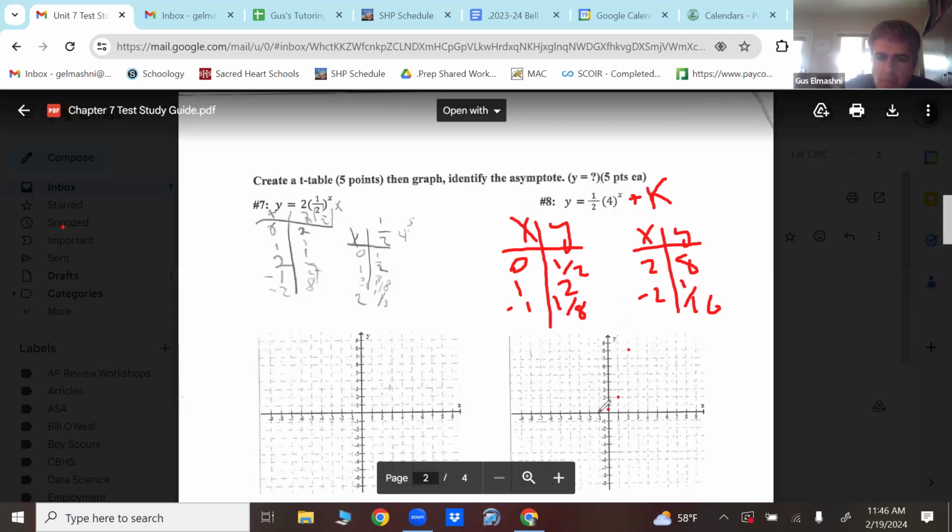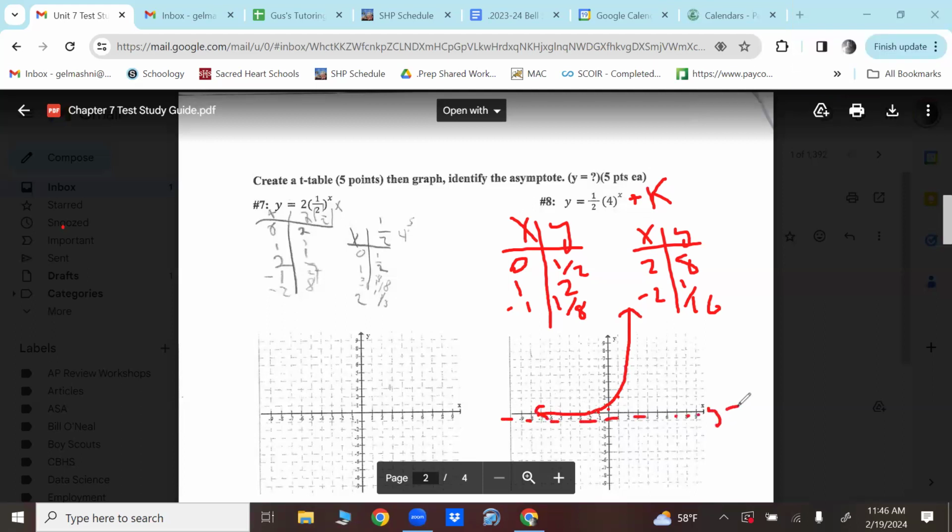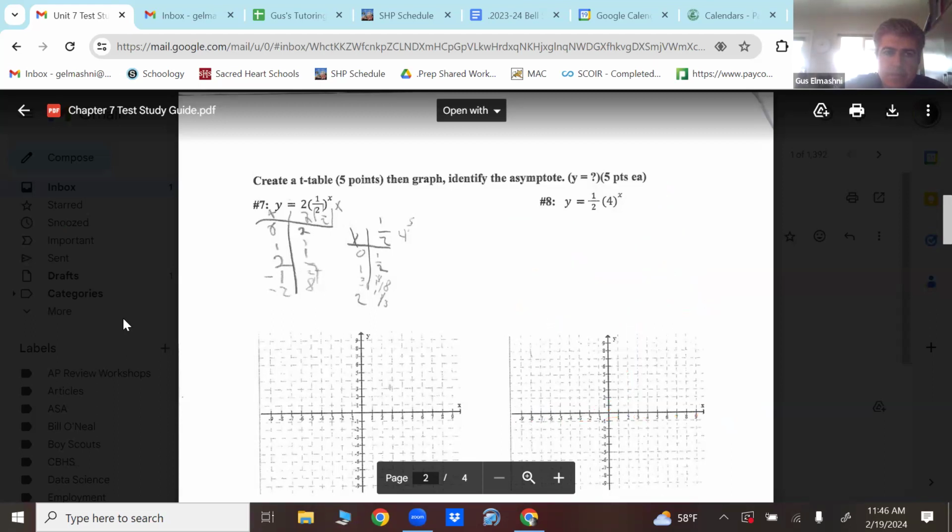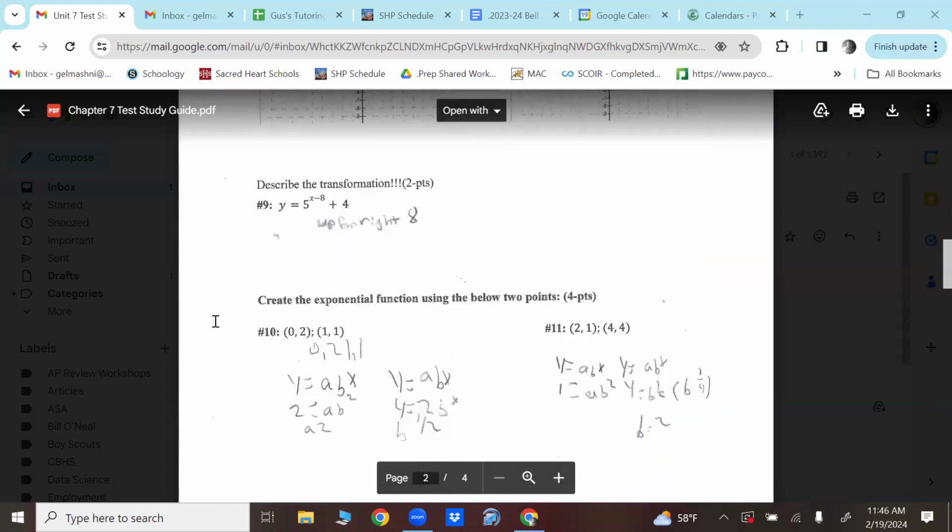Anyway, that's y equals 0. So you want to go 8 right and 4 up.